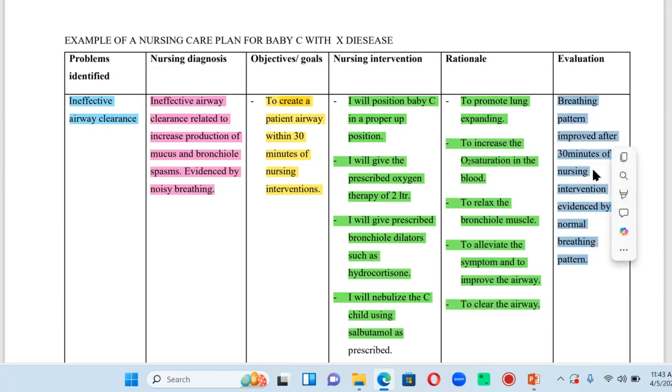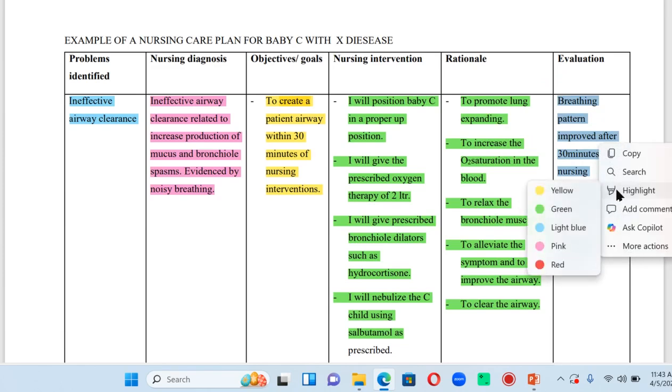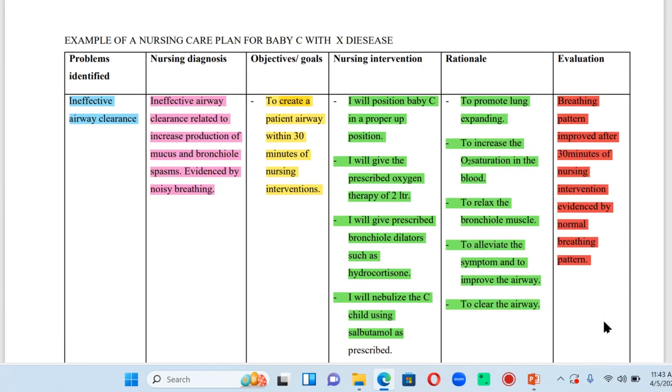Now let's go to the last but not the least, which is evaluation. On the evaluation I'll give it a different color. We would say breathing pattern improved after 30 minutes.